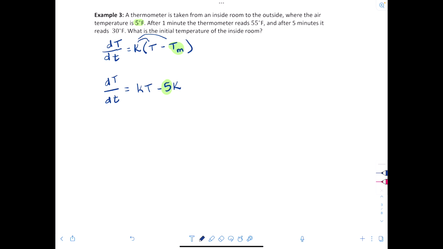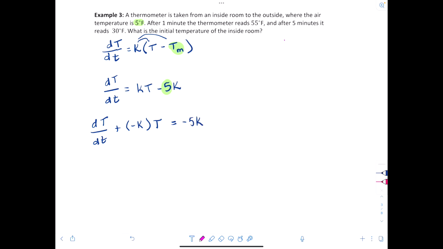Then I need to get the term that has a T on the left side. That's going to give me negative K times T, which will help me get my integrating factor, and that's equal to negative 5K.